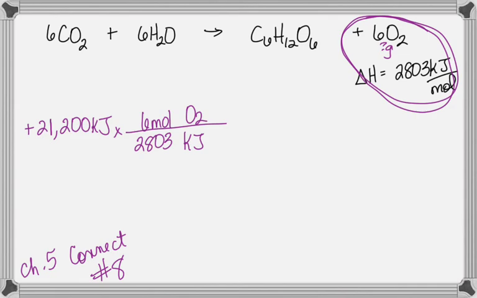I know not everybody has a question about that, but in case you do, it's because I need the kilojoules to cancel. Finally, the question says calculate the mass, so I know I want my final answer in grams. How are moles of O2 and grams of O2 related? A mole of O2 is 32 grams. Again, when you're given a balanced thermochemical equation, it's always whatever the coefficient is as it's written.